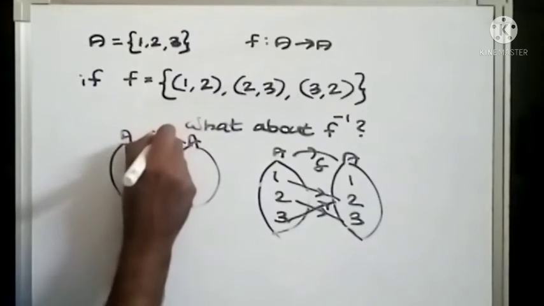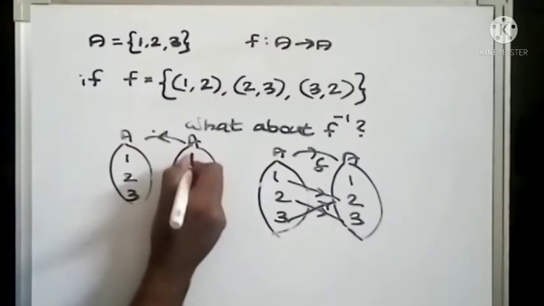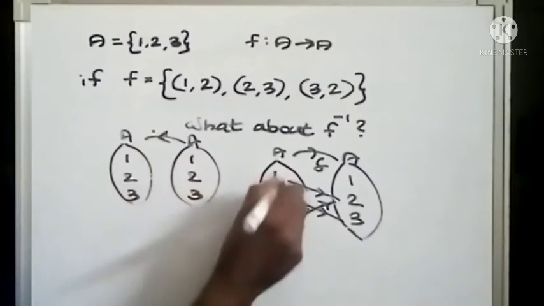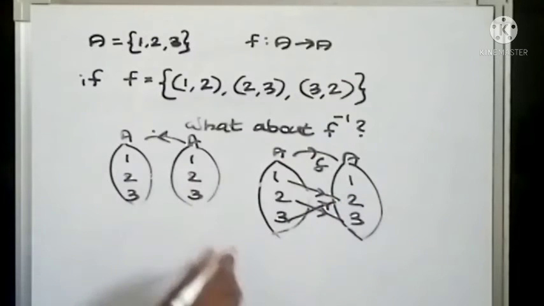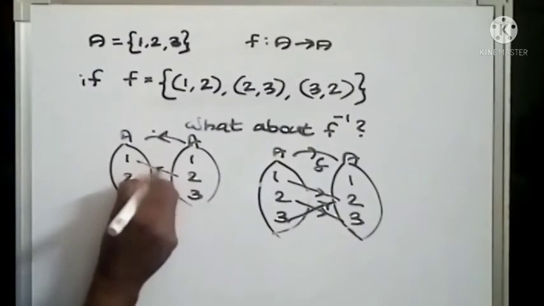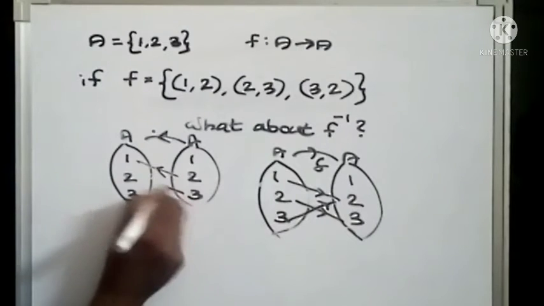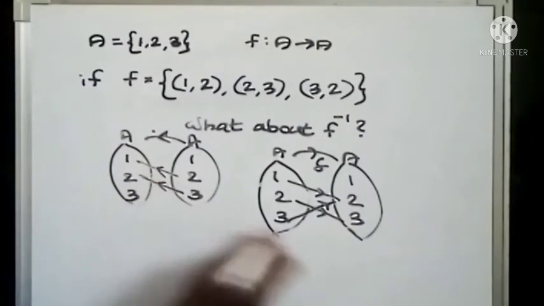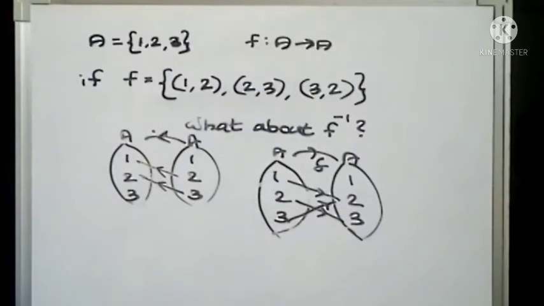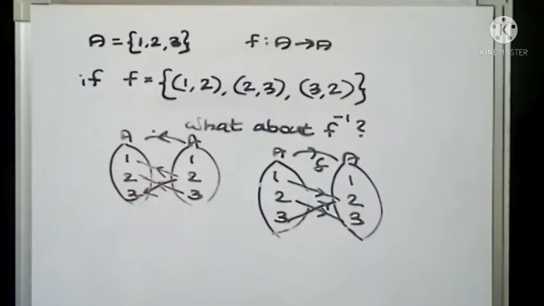Since 1 is related to 2 in F, if F inverse is possible, 2 should be related to 1. And since 2 is related to 3, 3 should be related to 2. And since 3 is related to 2, 2 should be related to 3. The problem is whether F inverse exists or not.